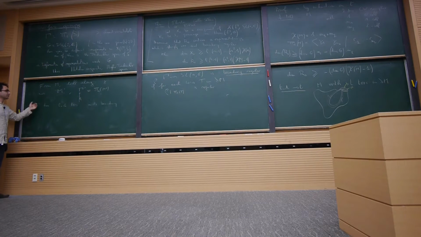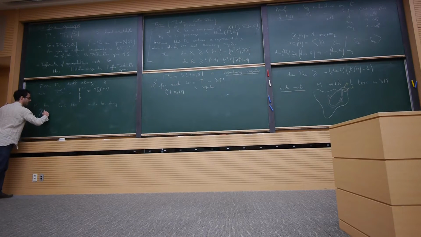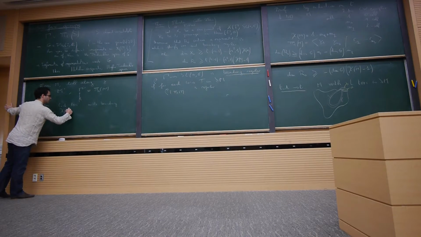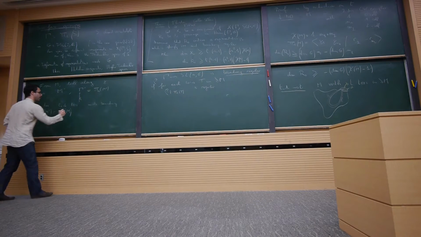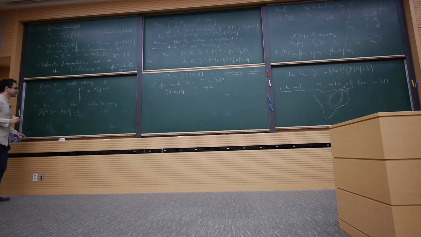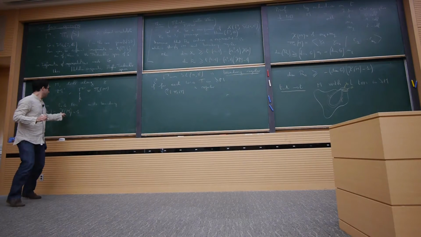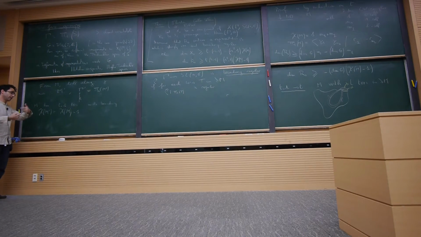We get a new manifold which has one less torus in the boundary, and you can compute that the new Euler characteristic is one less than the previous one. Okay, doing this procedure.